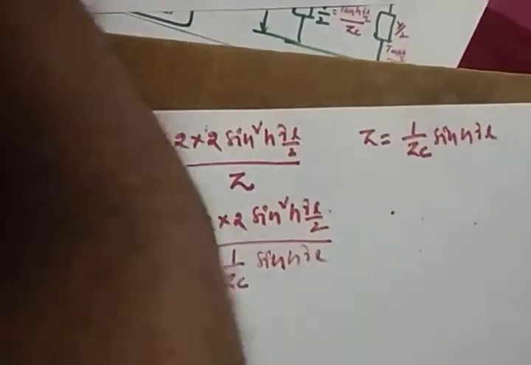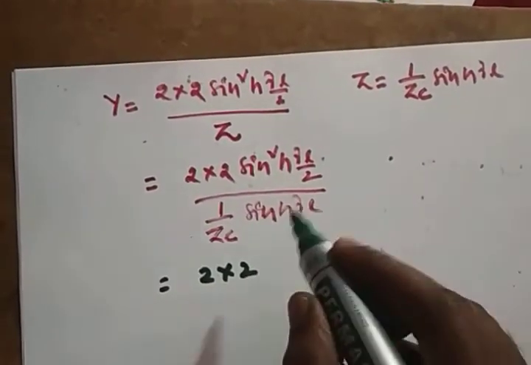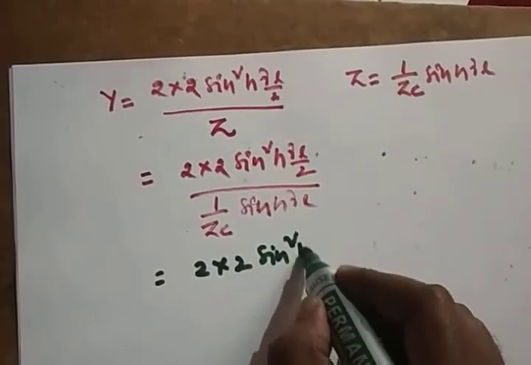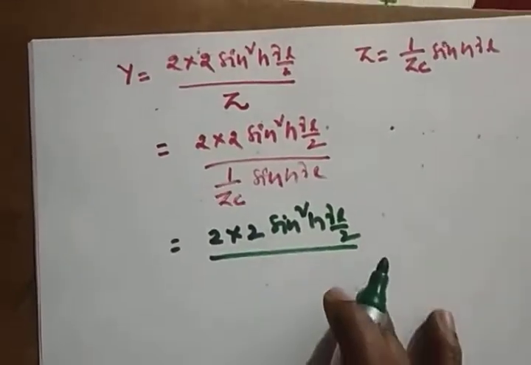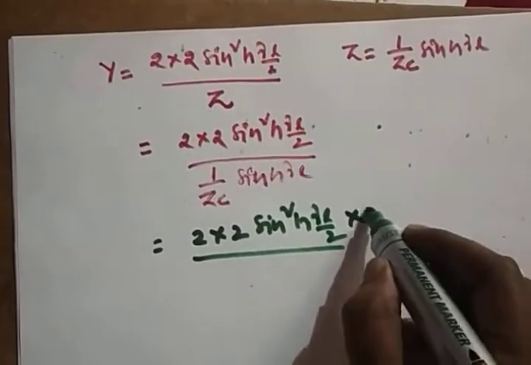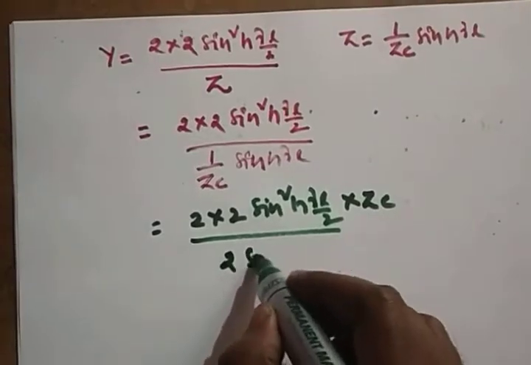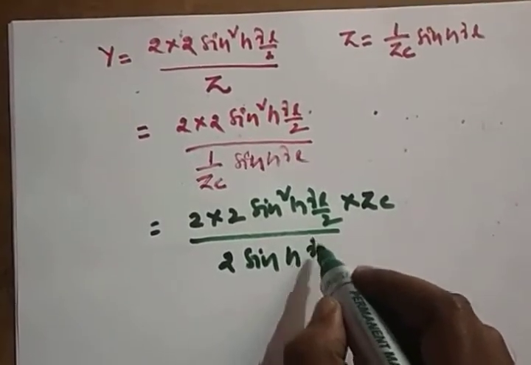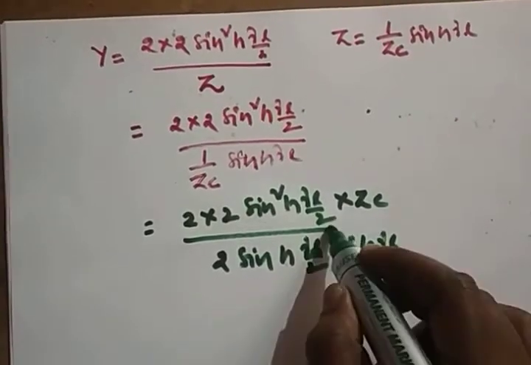So you can write it as 2 into 2 sinh square gamma L by 2, divided by, right? So into Zc. So here sinh gamma L is 2 sinh gamma L by 2 cosh gamma L by 2, right?